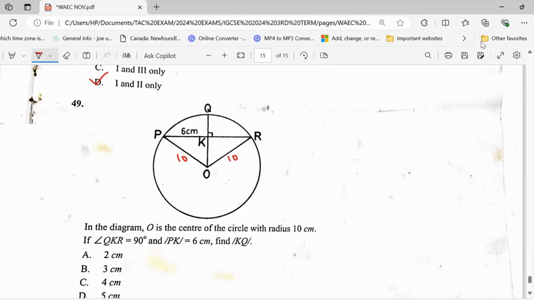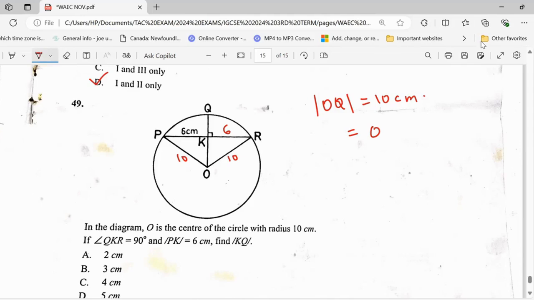So this is also 6. Let's take notes, because this is an isosceles triangle and this is a bisector. The line drawn from the center to meet PR is a perpendicular bisector. So it divides it into 2 equal parts. Now, also, don't forget that the line segment OQ is equally 10 centimeters. From center to circumference is radius.